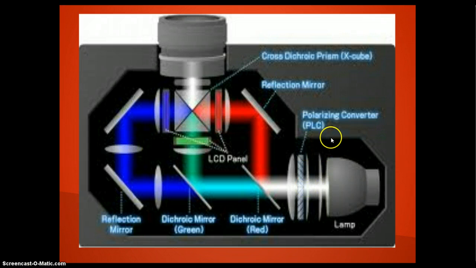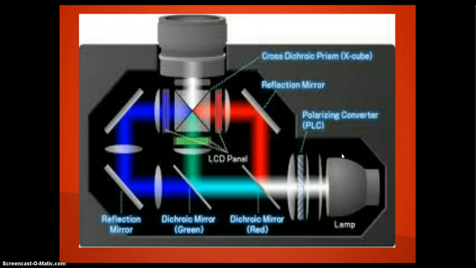And so what the polarizing converter does is that the HTPS chip only distributes longitudinal waves. And so this polarizing converter helps turn all the shear waves into longitudinal waves, so that as many of them can get through the HTPS chip as possible.